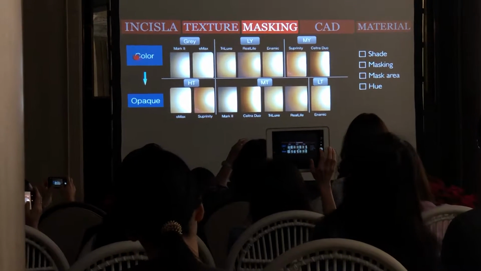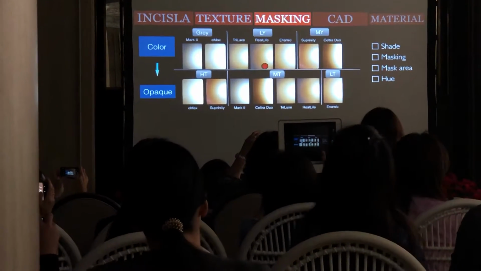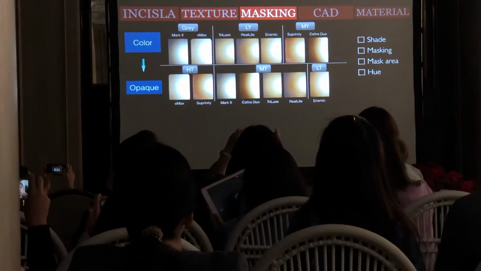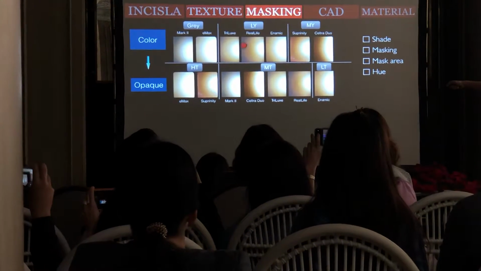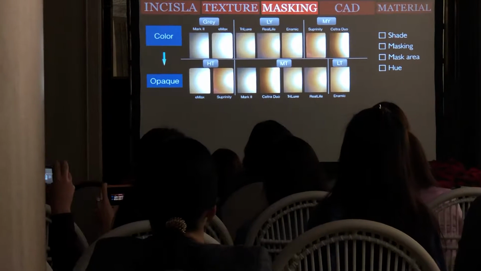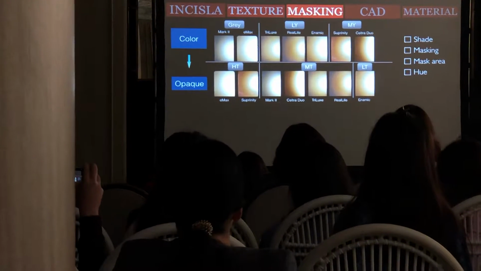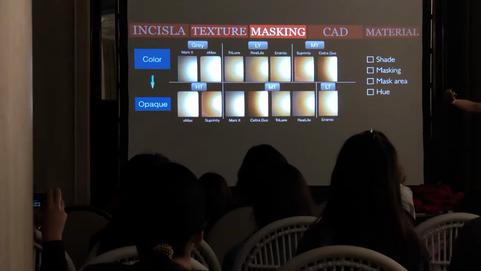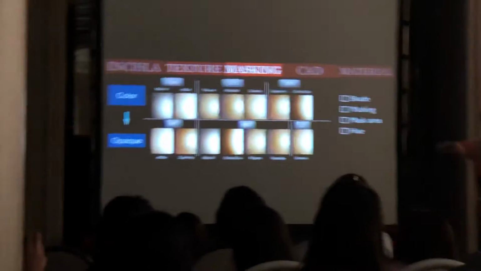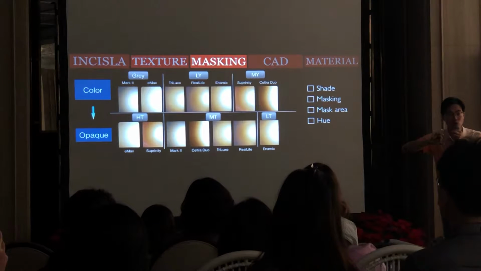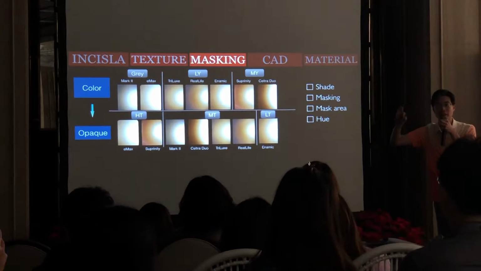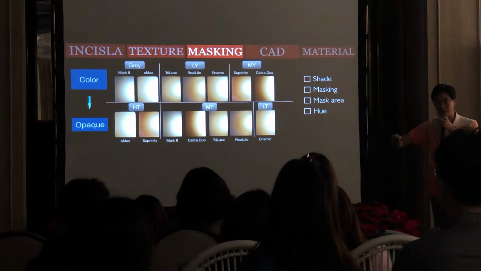When we see this color, gray, light yellow, milk yellow, we will see the neighbors, not this abutment. This abutment wants to make a restoration just the same as its neighbor, its adjacencies.